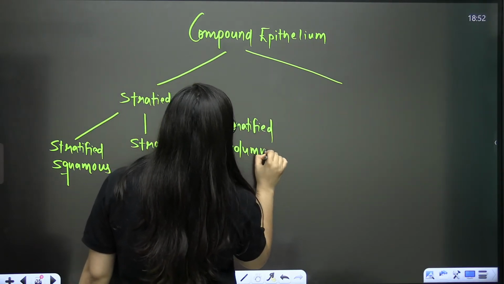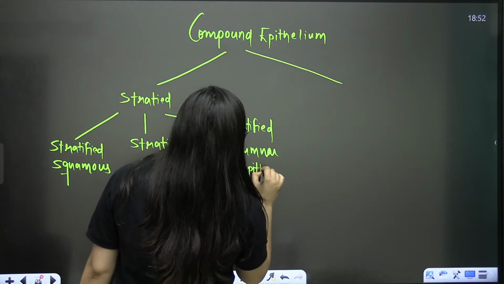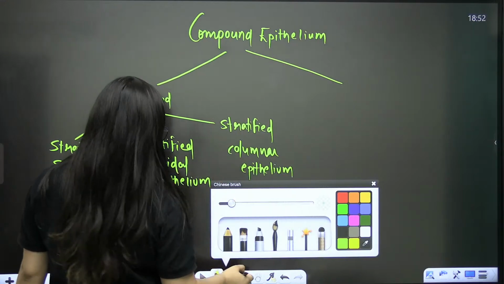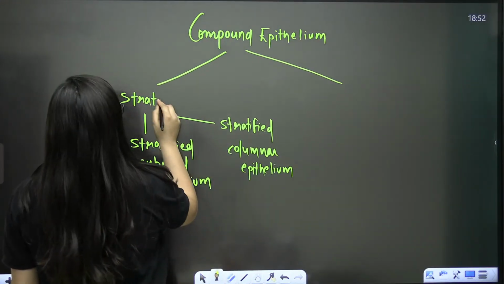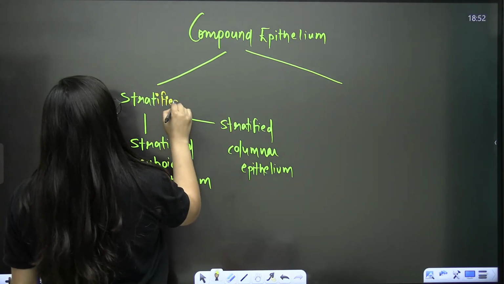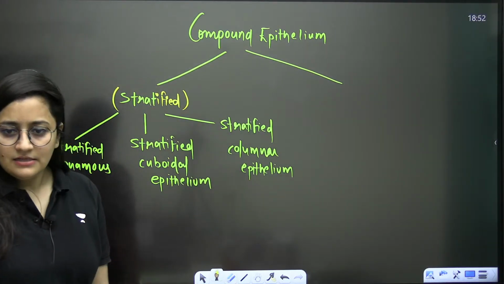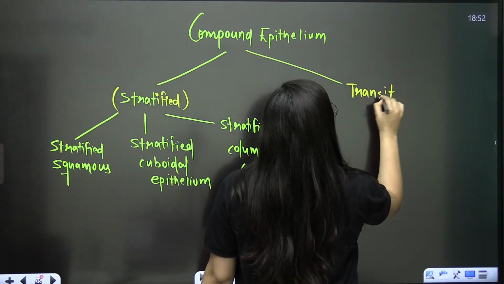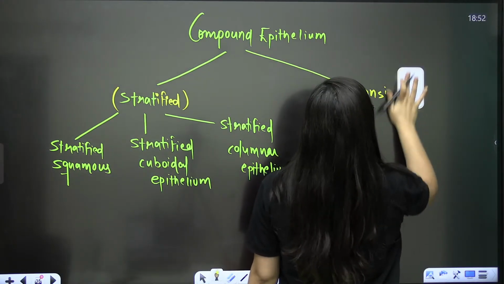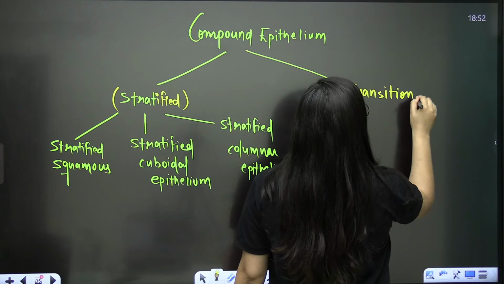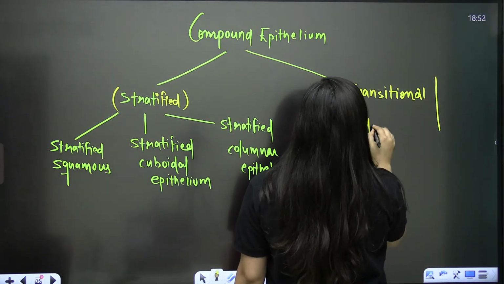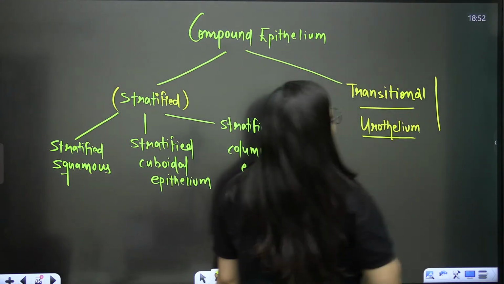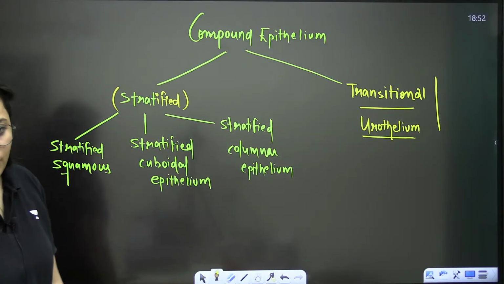And another one is transitional epithelium, which is also known as urothelium. So this is what we need to discuss.